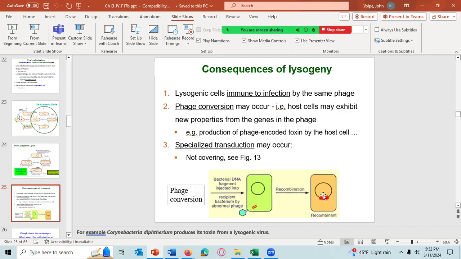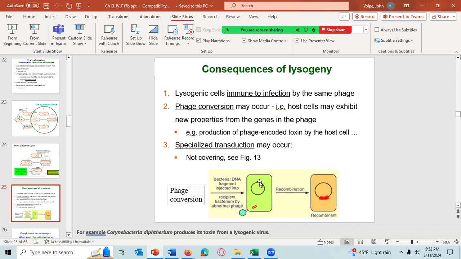Some examples of a virus bringing a gene to a host cell, changing the phenotype of the host cell, and this is called phage conversion, is Corynebacterium diphtheriae. This bacteria produces the diphtheria toxin only when the bacteria is infected with a lysogenic bacteriophage.